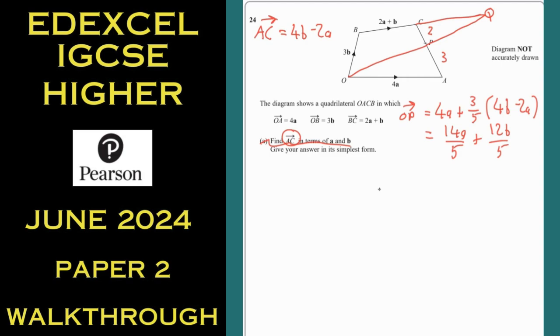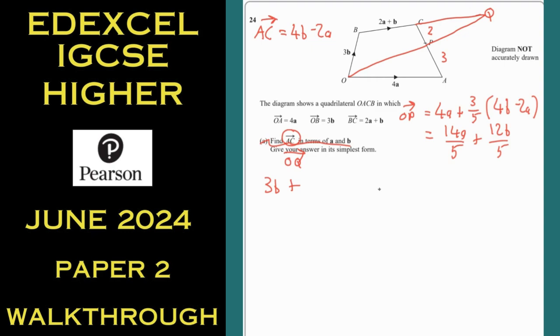But now let's find the alternative way for getting O to Q. So another way of getting O to Q is thinking, well, hold on. O to Q, I'll go to B first. So O to B. And it's going to be BC, some multiple of.